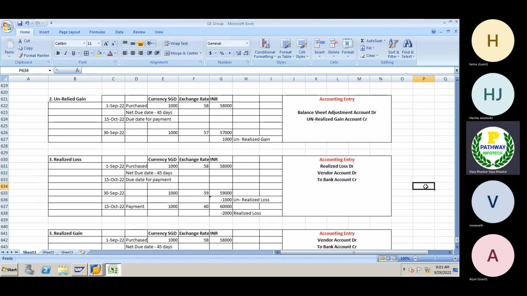Okay, so this is the concept of realized and unrealized. If anyone is not clear about the explanation, please let me know so that I will clarify once again. What is realized, what is unrealized? I have explained here with an example. It is going to happen in real time, no changes in real time.